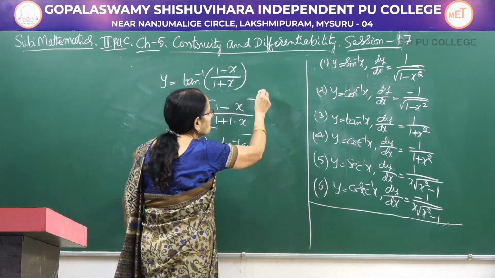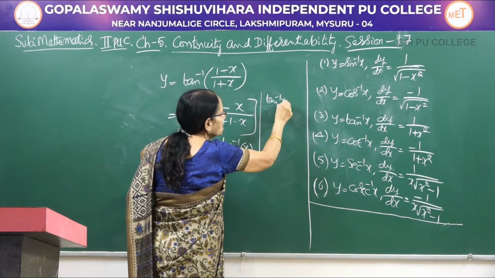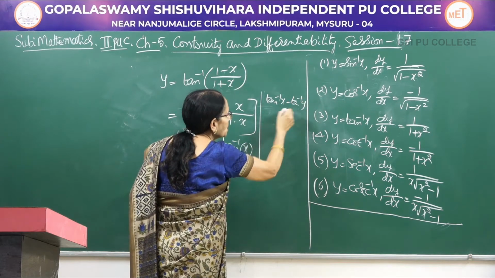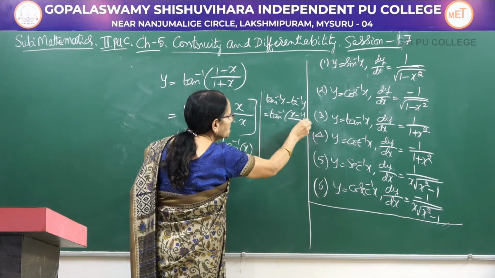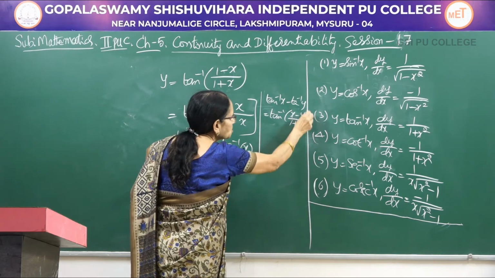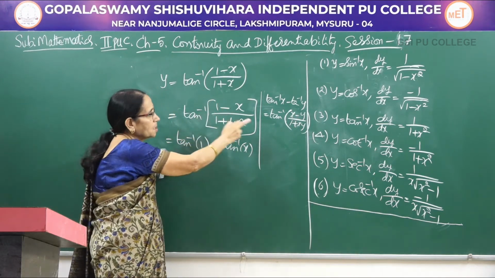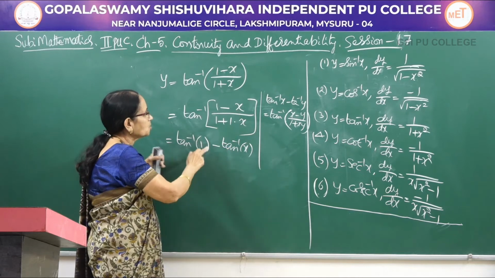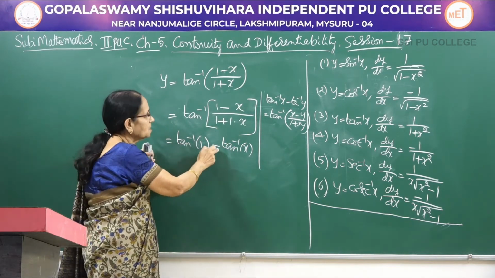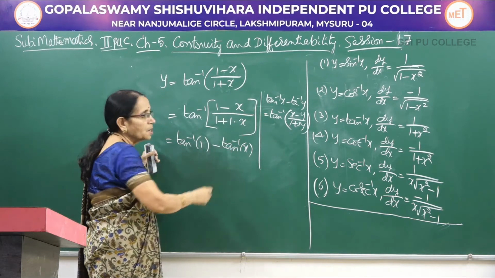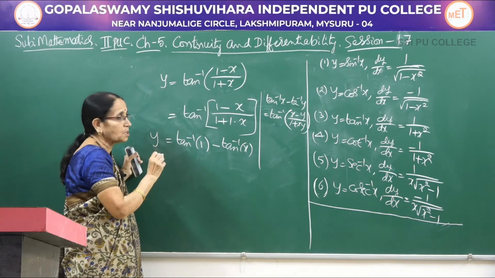Here in the working column you can quote the result, since we know that tan inverse x minus tan inverse y is tan inverse of (x minus y) over (1 plus x into y). So, in the place of x it is 1, in the place of y it is x. So, it is tan inverse of 1 minus tan inverse of x. You observe it is still y only, I have not differentiated.